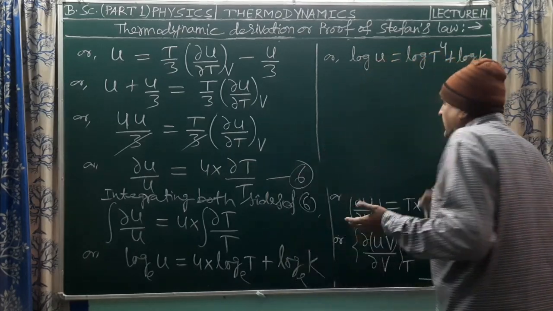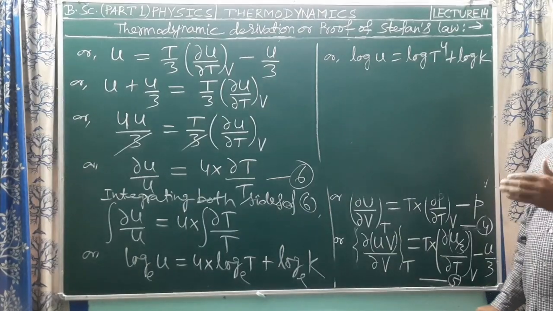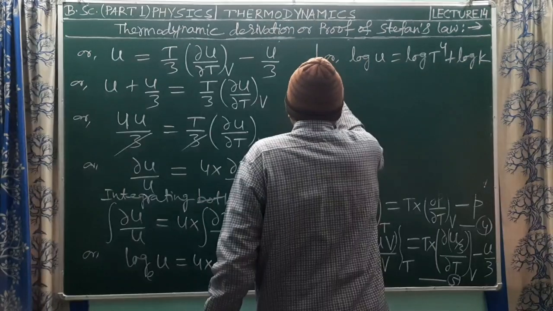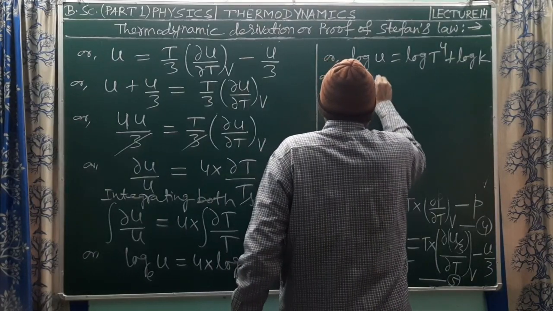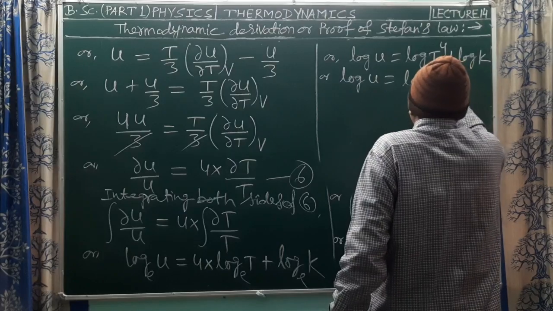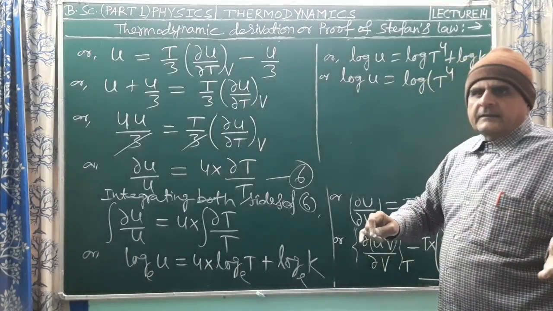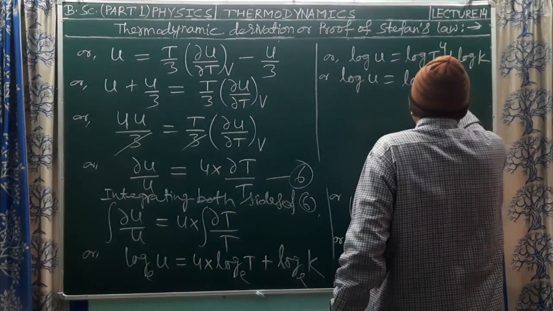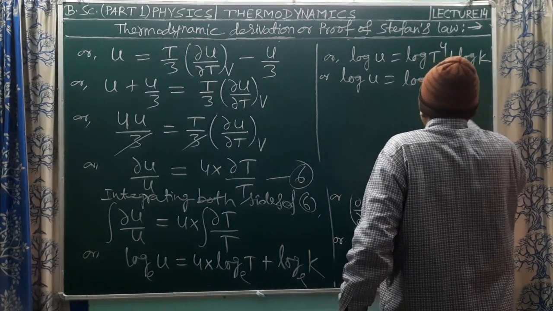Now again using the property of logarithm, log m plus log n equals to log m into n, and we have log u equals to log t to the power 4 into k, that is k into t to the power 4. We can write RHS as log k into t to the power 4.